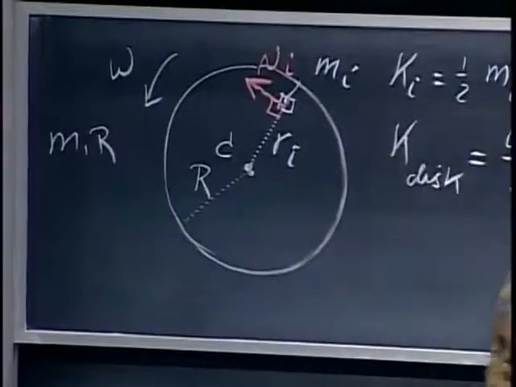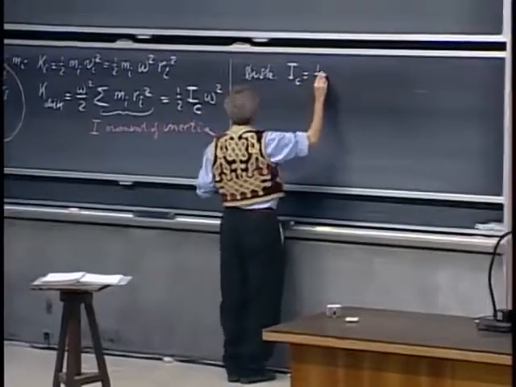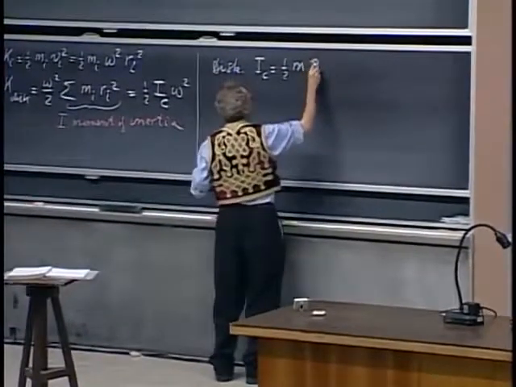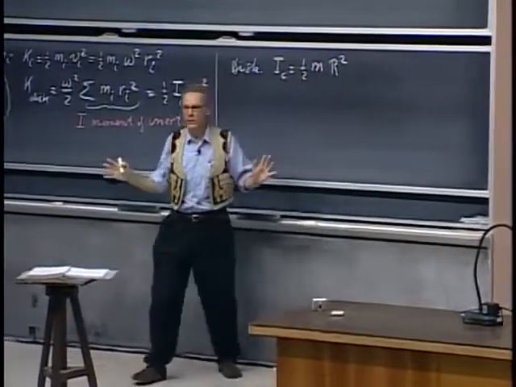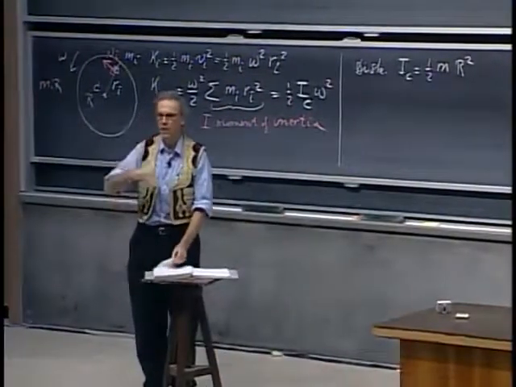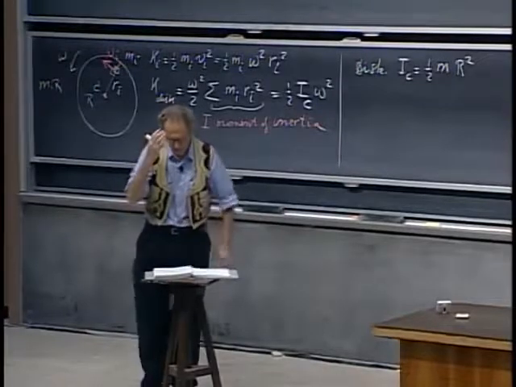In that case, the moment of inertia equals 1/2 m r squared. And I don't even want you to remember this. There are tables in books and you look these things up. I may remember it for one day, but then you forget that very quickly again.